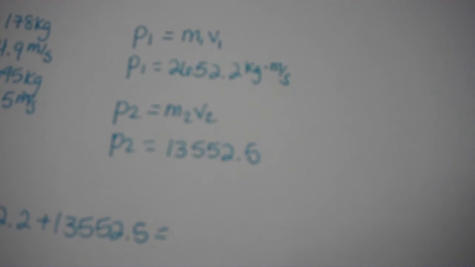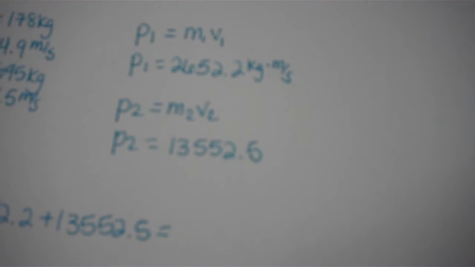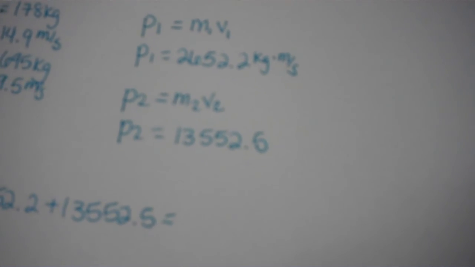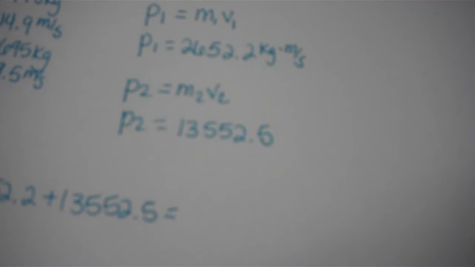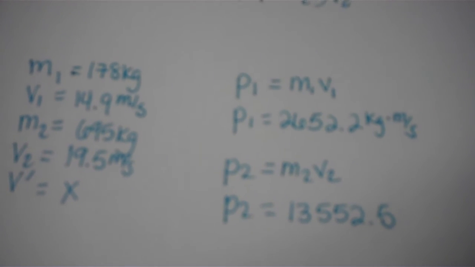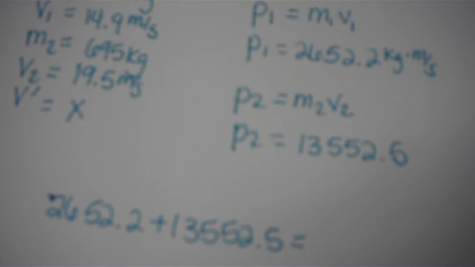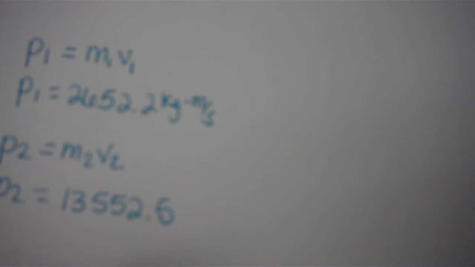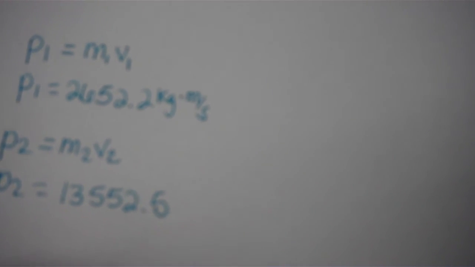Now remember, they collide and they stick together. So what's going to happen to those masses? Those masses are going to add together. So our mass after the collision is actually going to be 178 plus 695. So 178 plus 695 gives us 873 times the velocity of that object after the collision.